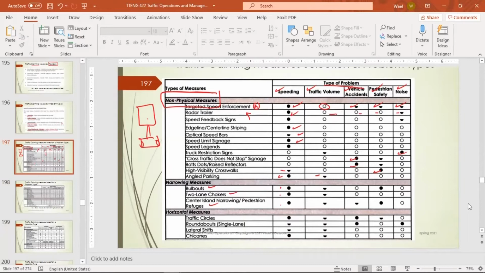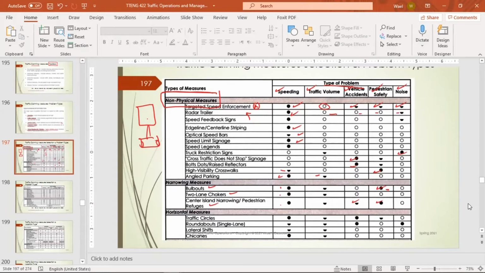Bulb out is good for pedestrian safety. It makes the crossing distance shorter, so this one is effective. Also, the central island is good for pedestrian safety and also good for somehow reducing vehicle accidents. And all are good for speed and partially good for traffic volume.